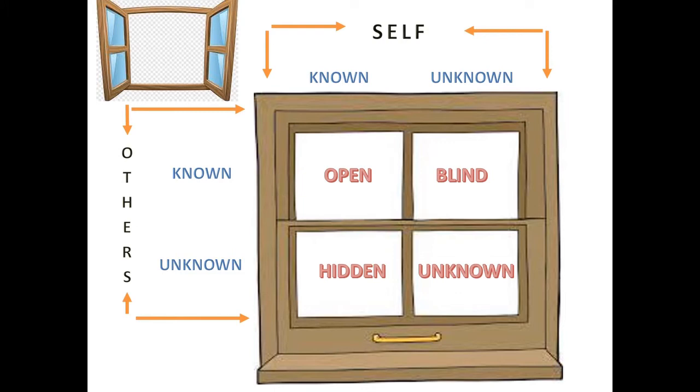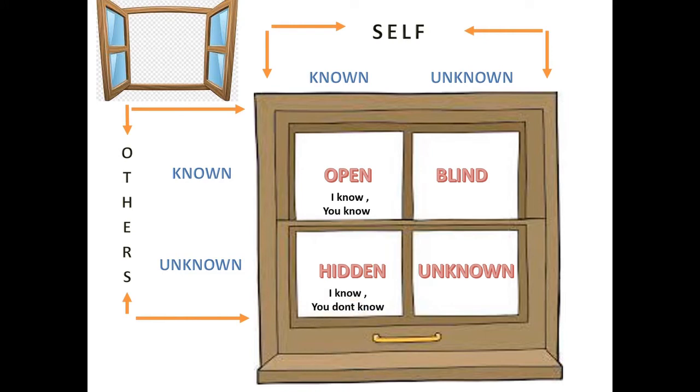Let's now do that. The open pane will now be described as I know, because this is described by the self-known area above, and you know as others known at the left. We will call this pane the open window or the open pane, I know you know.